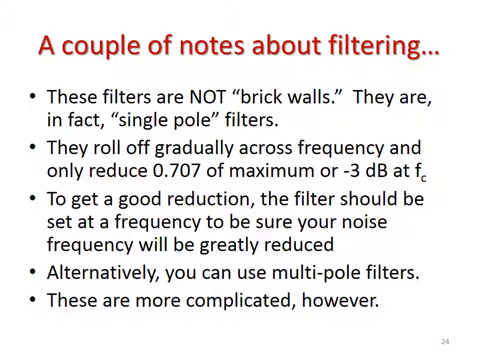The second thing here is they roll off gradually across frequency and only reduce to 70.7% of maximum, or 3 decibels, at the cutoff frequency. So again, that's just reiterating what I just said, that they're not perfect cutoffs. You're not all of a sudden at a low pass cutting everything off at that magic inflection point. You are increasingly cutting more off.